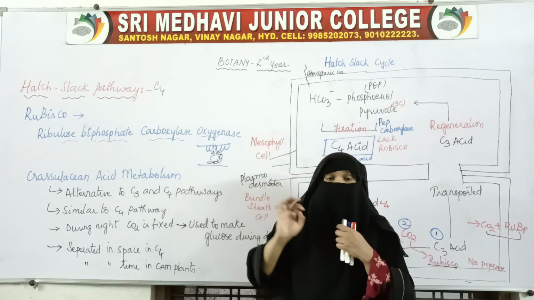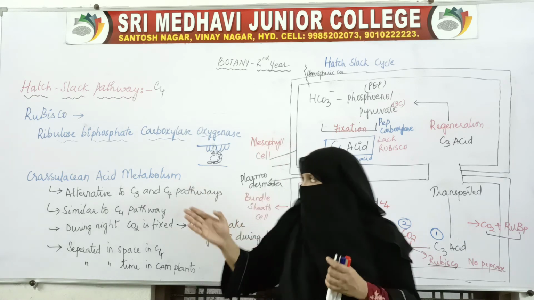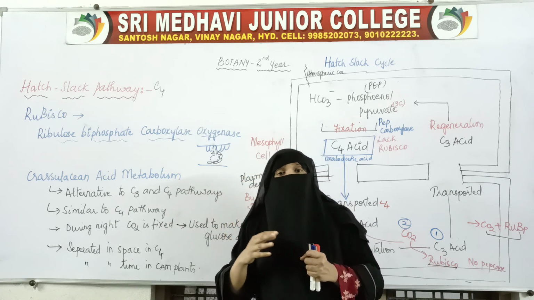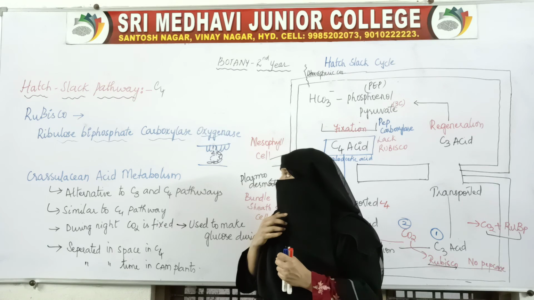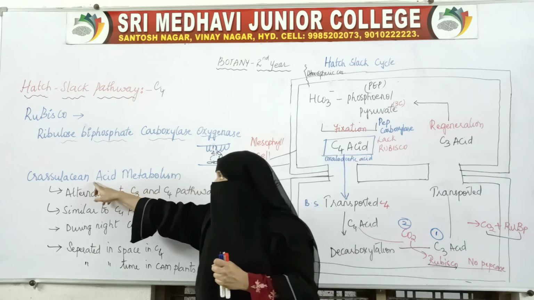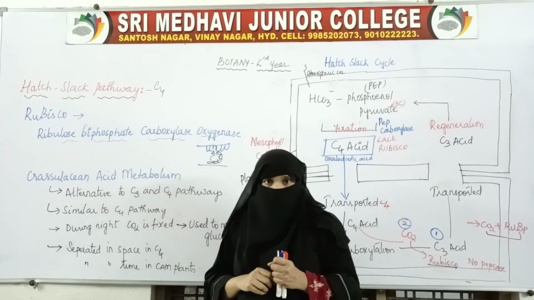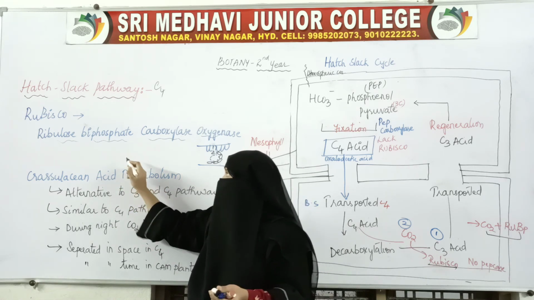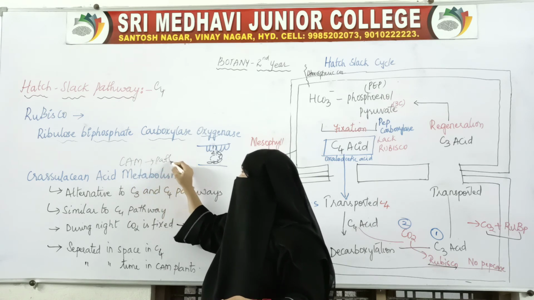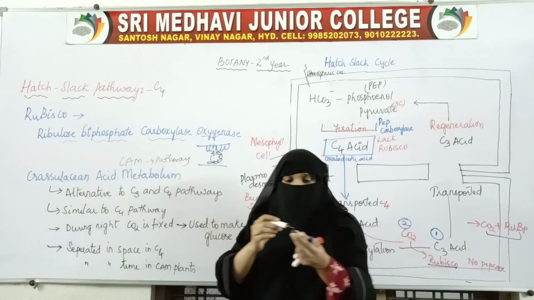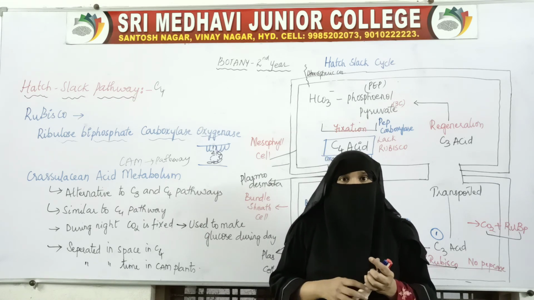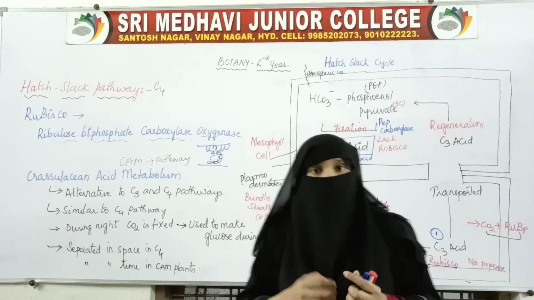Now there are some other plants. This was about C4 plants. There are certain other plants which live in very hot conditions, so they undergo a different kind of metabolism called crassulaceous acid metabolism, that is CAM. The CAM pathway takes place in plants which live in very arid places with very hot temperatures.